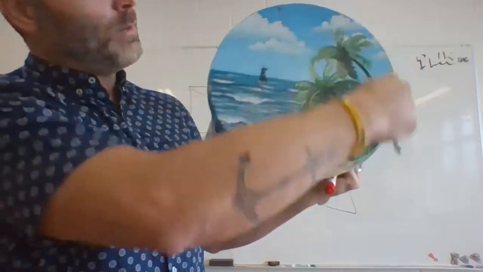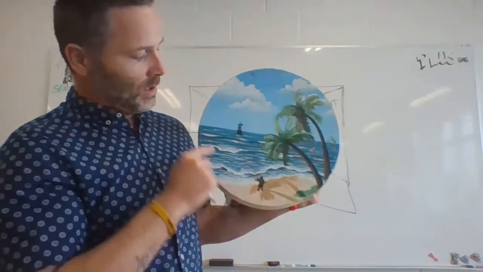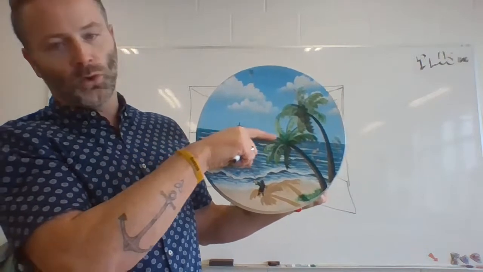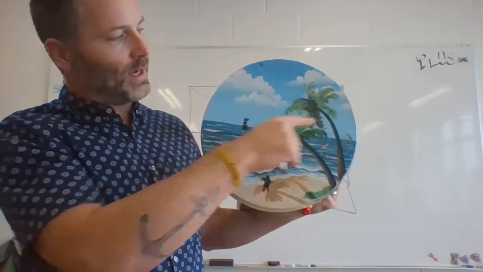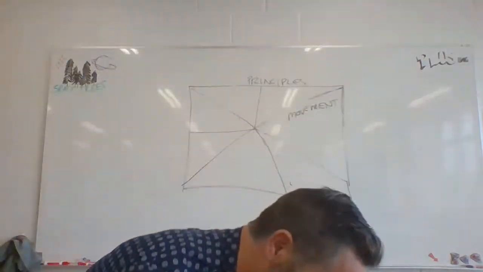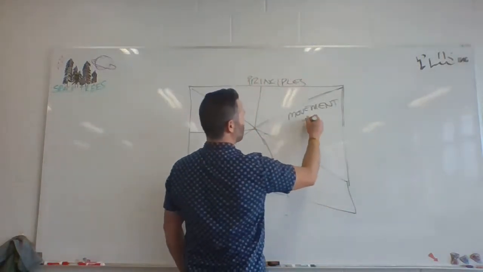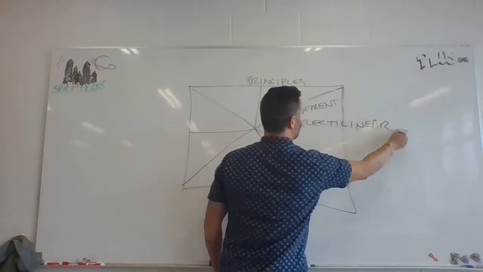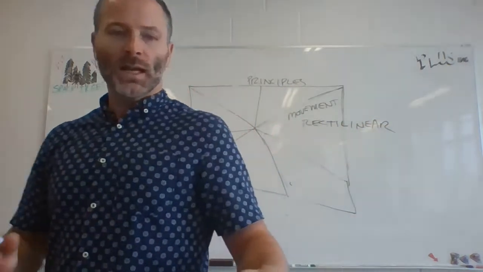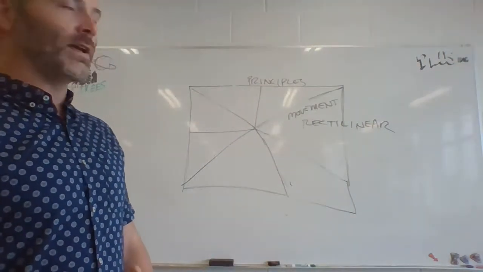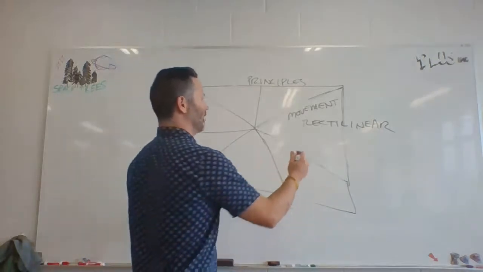So if we start at any point on the outside of this stool, we start over here, there is a trajectory towards the focal point. Our eyes follow these lines, follow these edges, follow all of them. And those movements of our eyeballs is what we're talking about. You can have big words. Rectilinear movement is when you have a shape that's got straight edges. Kind of like geometric.